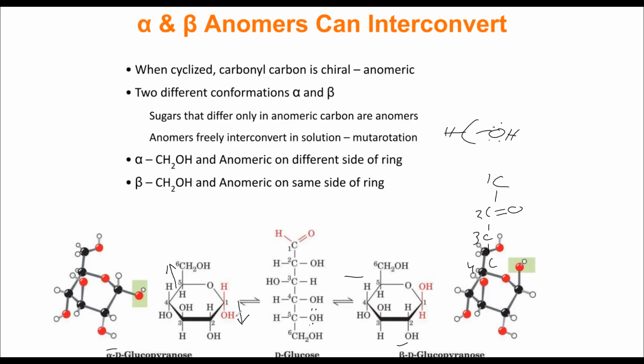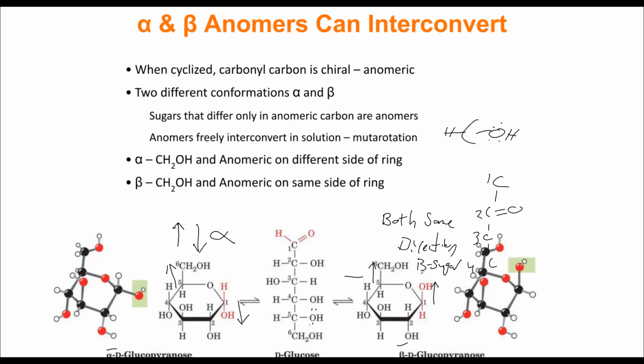So you have the alcohol group on carbon 1 pointing down, the CH2OH on your 6 carbon pointing up. They are pointing in opposite directions. So we call that an alpha sugar. While in the beta form, the OH is pointing up, the CH2OH is pointing up. They're both pointing in the same direction. So we call that a beta sugar.